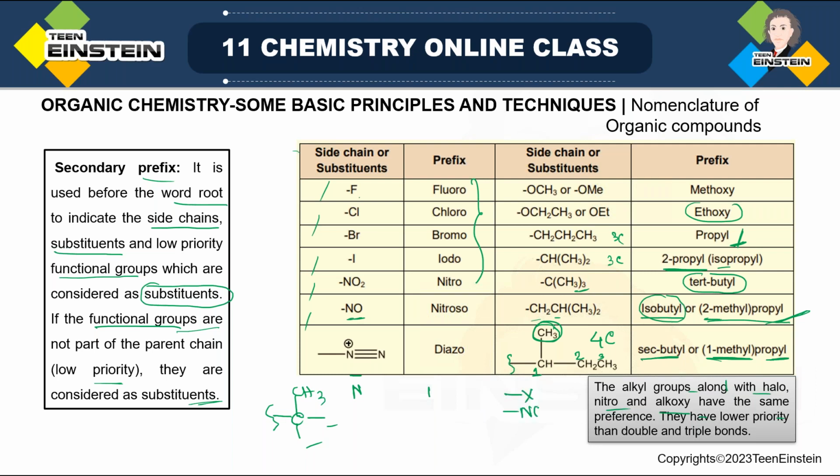Also halo, nitro, alkoxy, that means OR group, oxygen then alkyl. Now they have the same preference. Alkyl, that is R, then halo, then nitro, then OR, alkoxy. All these four have the same preference, and they will also have lower priority than even the double and triple bonds. So this point we have to keep in mind.